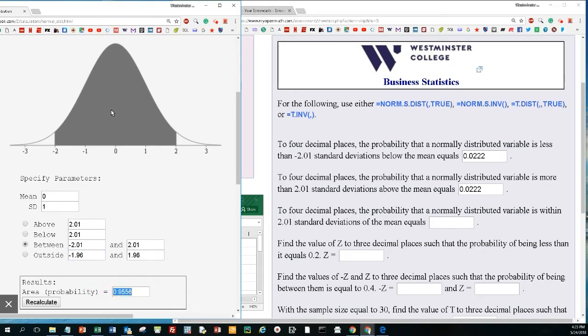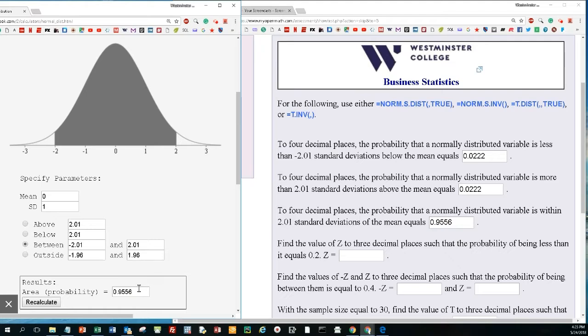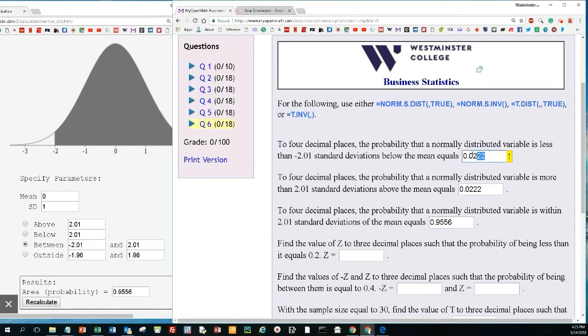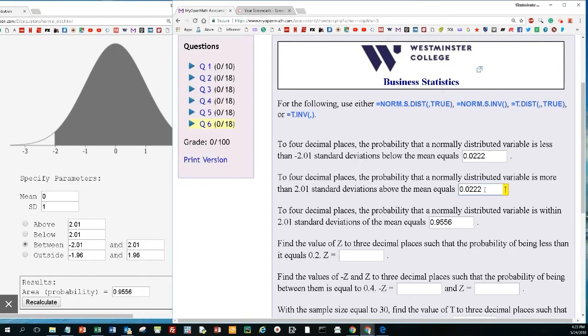So that is this gray area, 0.9556. Now, this area here is 0.0222. This area here is 0.0222. And the area in the middle is 0.9556.